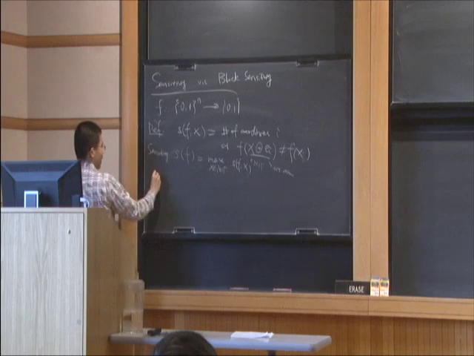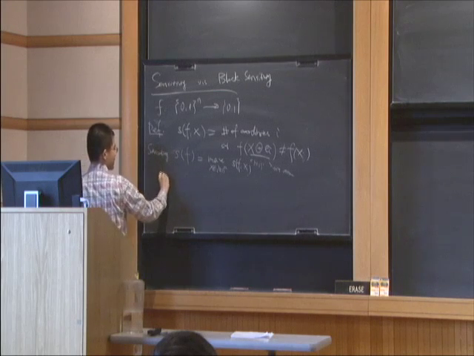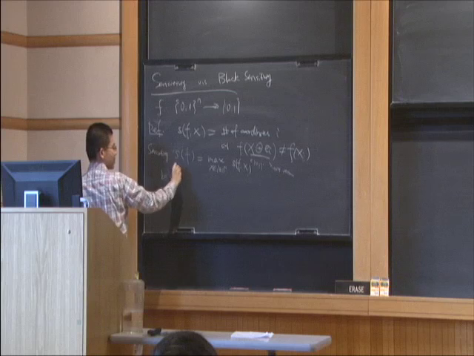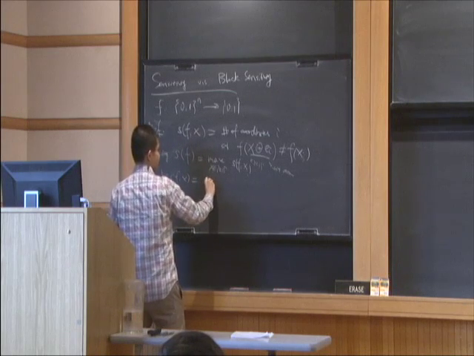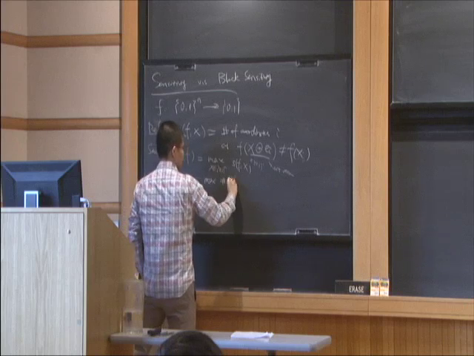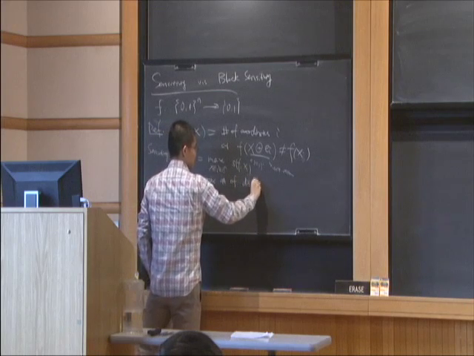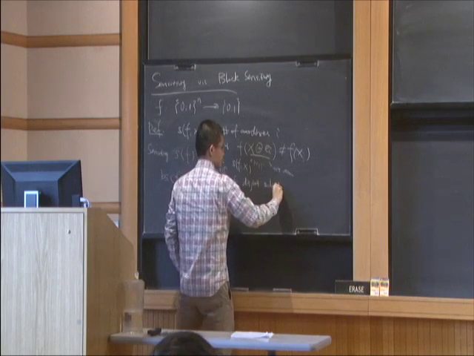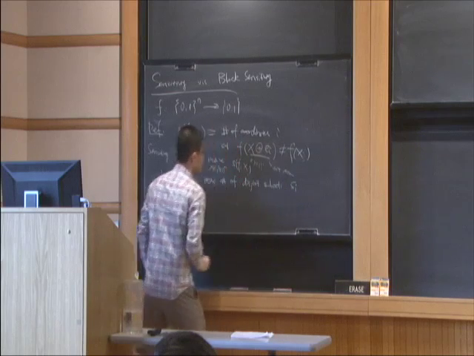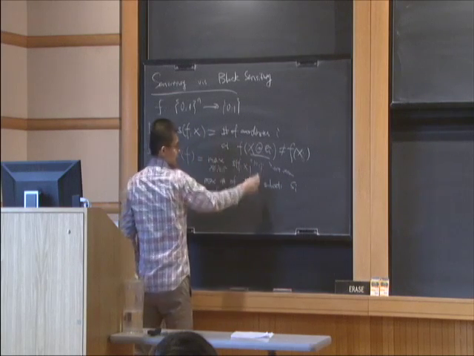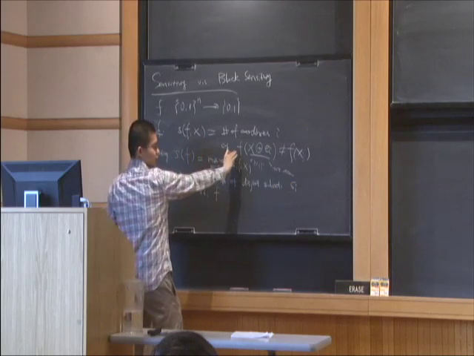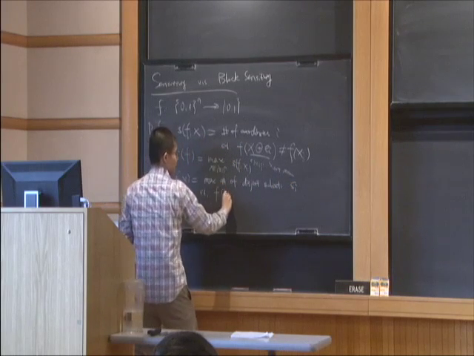Okay. And I also define the block sensitivity. So similarly, first I define it locally. This is the maximum number of disjoint subsets S_i such that if you change the coordinates in those subsets, then it will change the value of f.